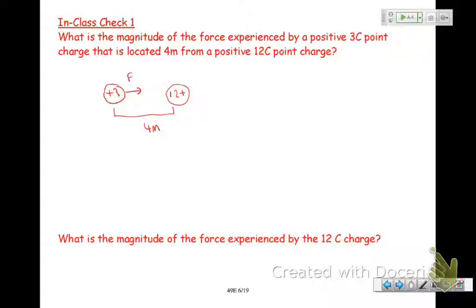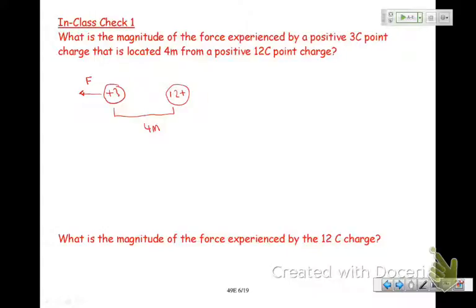It asks what is the magnitude of the force experienced by the 3 coulomb positive charge. So here's my force on the 3 coulomb, and it's pointing towards, oh no. I'm glad we got an eraser here. Not that I ever need it, but what did I do wrong? Two positives. There's my force. Now, I noticed that on a diagram. I'm not sure I would have noticed that if it had just been a negative or a positive in an equation.